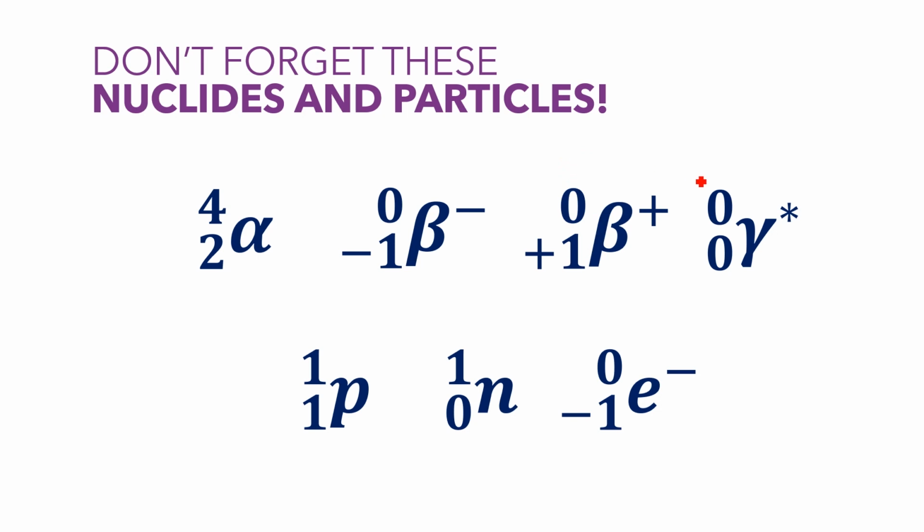Yung gamma, walang effect, that's 0, 0. Yung proton is 1 atomic weight and 1 atomic number. Yung neutron, wala siyang dagdag sa atomic number, but it has a weight of 1. And electron is basically the same with the beta minus.